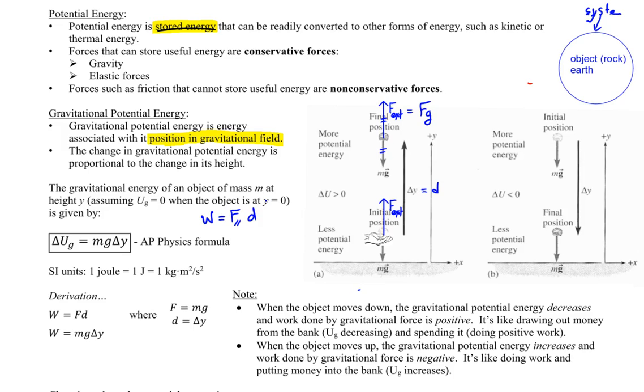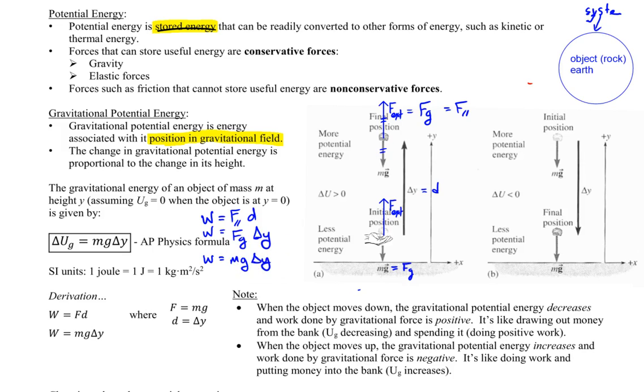And in this particular case, the parallel force is exactly in the same direction that I'm moving. So F parallel is really equal to my external force, which is also equal to my force of gravity. So then I could replace the parallel force with Fg, and I could replace my displacement with delta y. And of course, the force of gravity is also calculated by using m times g. So then my work done by my hand would be equal to m times g times delta y.